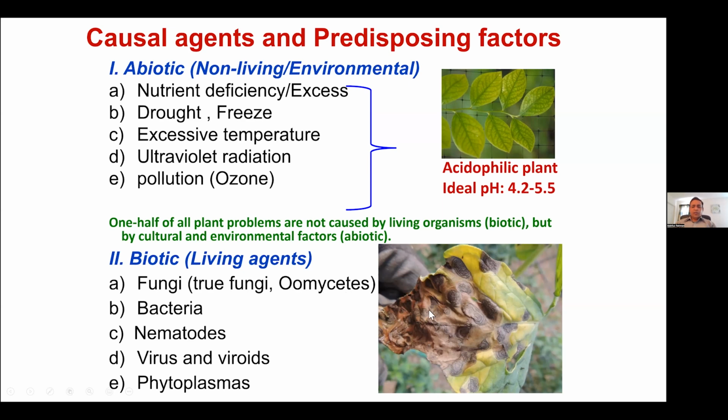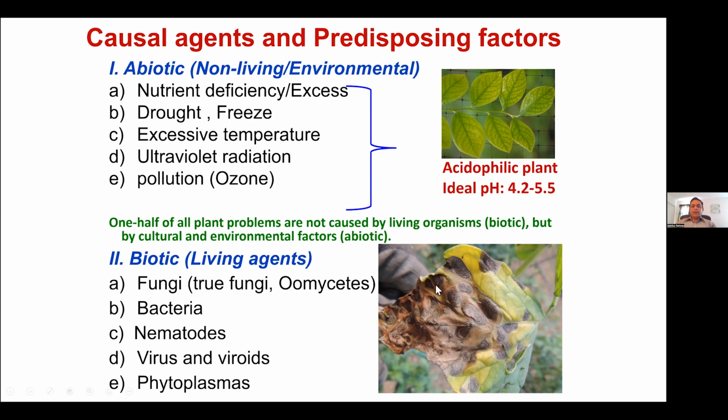But what you see on the plant are basically symptoms. Those are not the signs or the causal agent. These are the symptoms due to infection by these biotic causal agents, the changes in the plant; they can kill the plant tissues and cause certain symptoms. Those symptoms we actually utilize to identify the diseases.